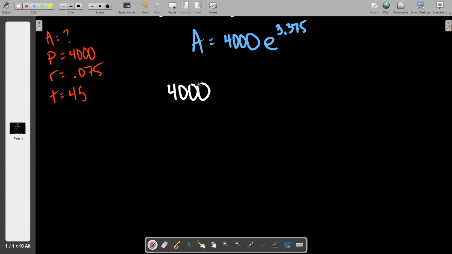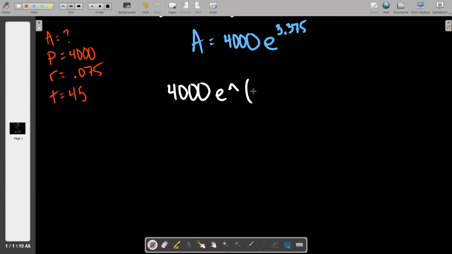Above the natural log button, it's the 3rd button down on the left above ln, you should see e to the x. So now you'll want to hit the 2nd button, the blue button, and then hit the ln button, and your screen should now look like this. So we're doing 4,000 times e to the power, and it's just waiting for the power.